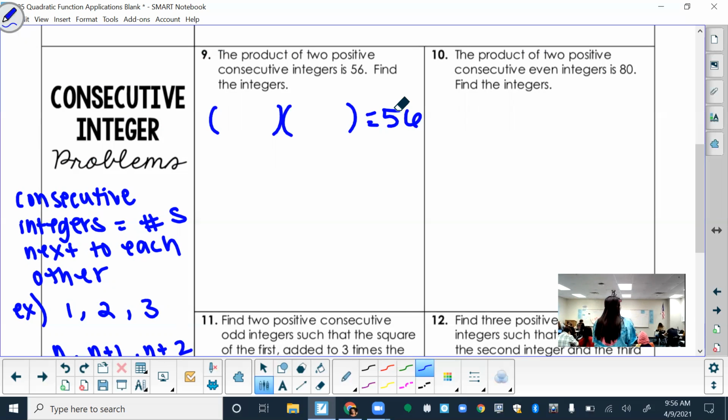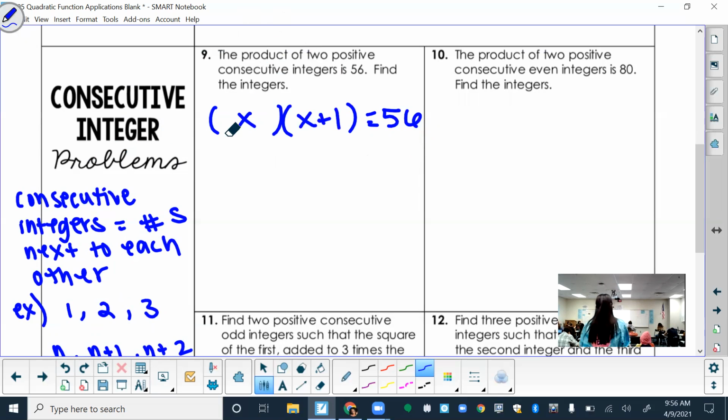It does tell us that the numbers are going to be positive and consecutive integers, meaning they're right next to each other. So if I'm using what I know about consecutive integers, if the first number, which is unknown, is x, what's the second number going to be? Close, not x plus 2, x plus 1, because they're just regular consecutive integers, not consecutive even or odd.